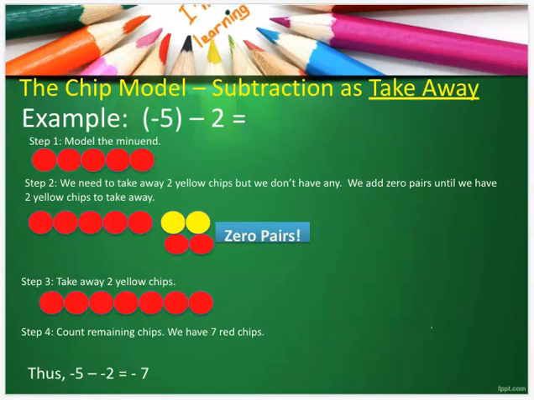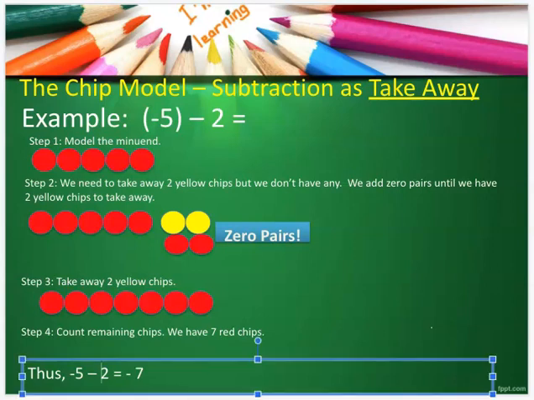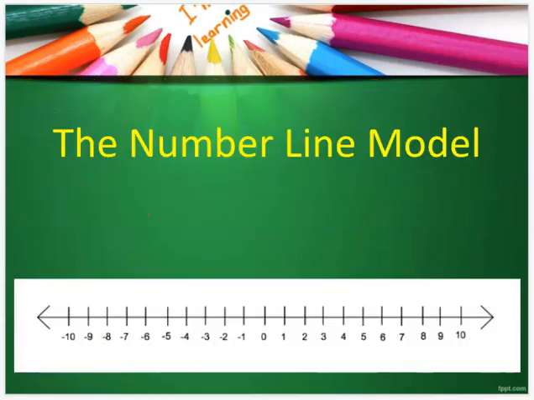So I need to add some 0 pairs, so I have 2 yellow chips to take away. I add 2 0 pairs. Now I can take away the 2 yellow chips, and I'm going to count the remaining chips. So I have negative 5 minus 2 equals negative 7.